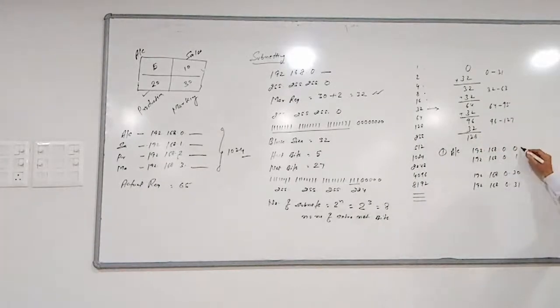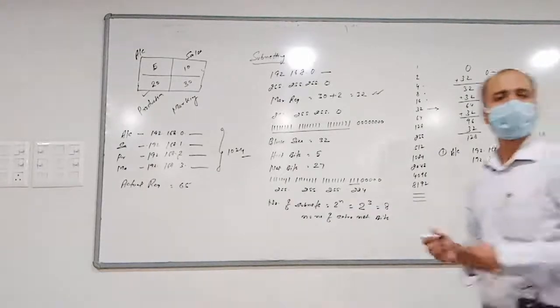This first IP will be the network IP. This last IP will be the broadcast IP, and from 1 to 30 are the valid host IPs. Fine.